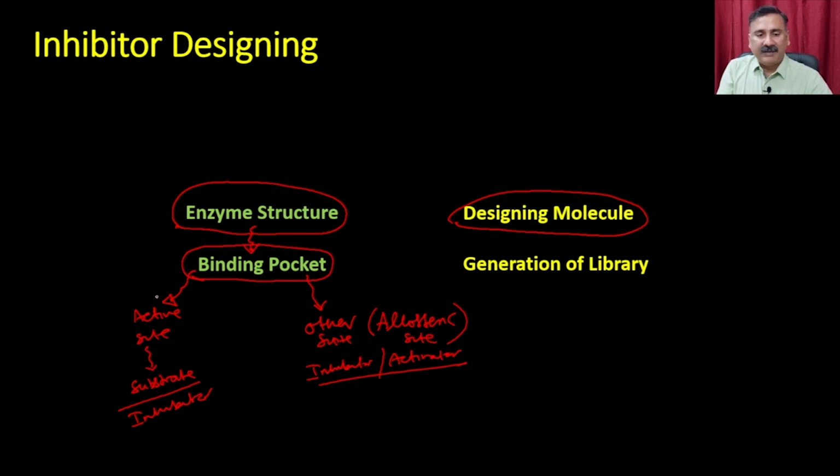So when we talk about the active site, the active site has a predefined space within the binding pocket, and the binding pocket could be bigger. It could have the active site, it could also have the substrate binding site, and it could have a combination of both.